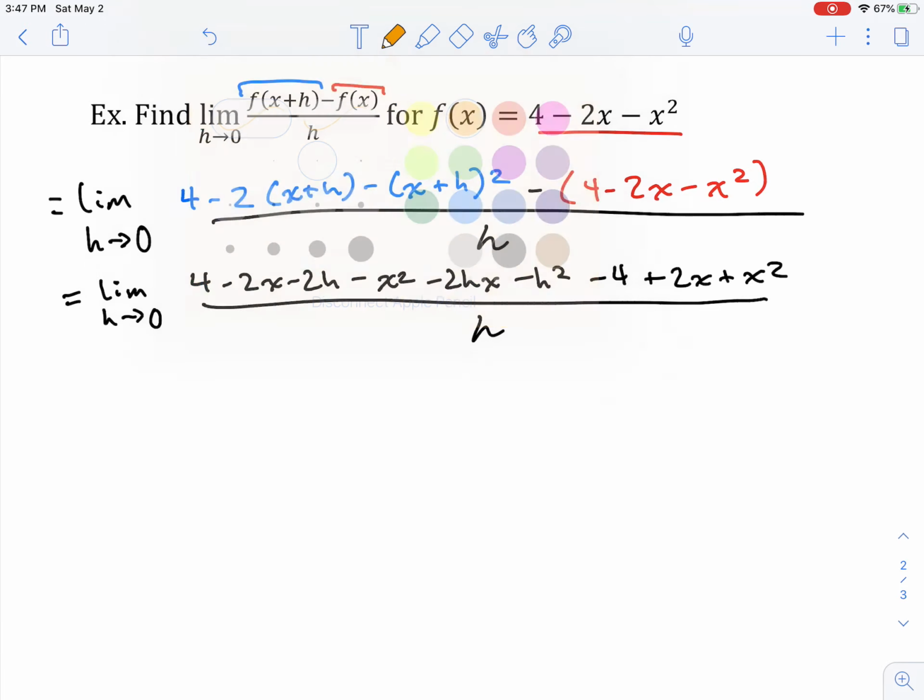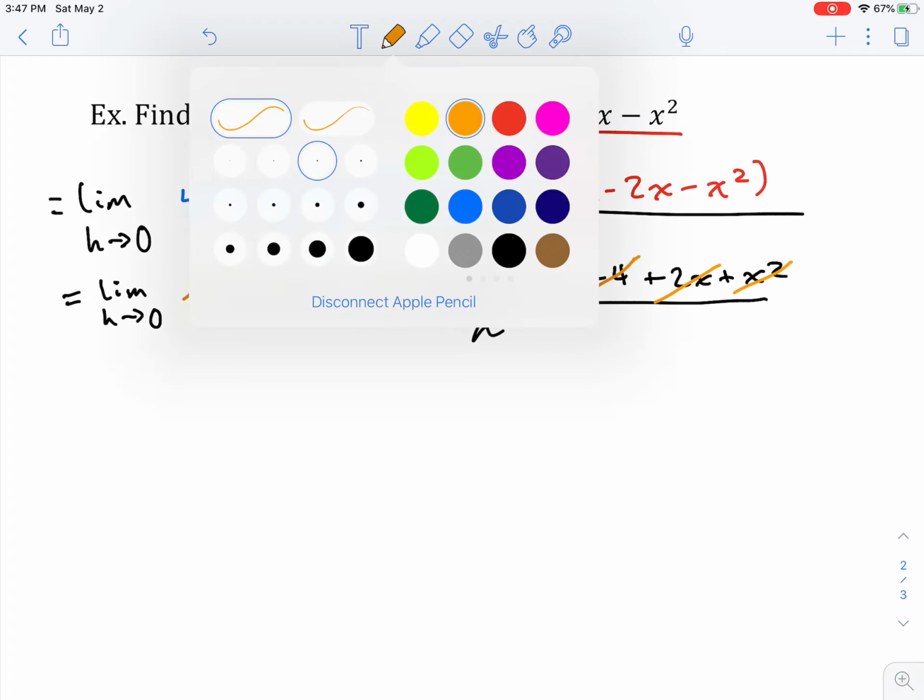All right, if you know me, you know we're just about to do my favorite thing in all of math, and that's simplify. So what can we have negate one another? We've got a positive 4, negative 4. We've got a positive 2x and a negative 2x. We have an x squared and a negative x squared. And is there anything else I can clean up right now in just the numerator?